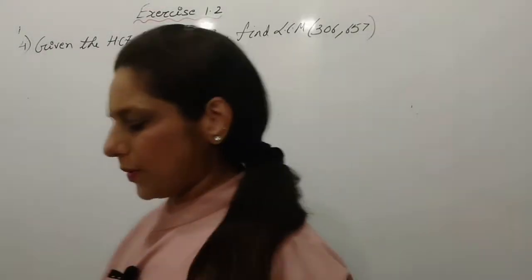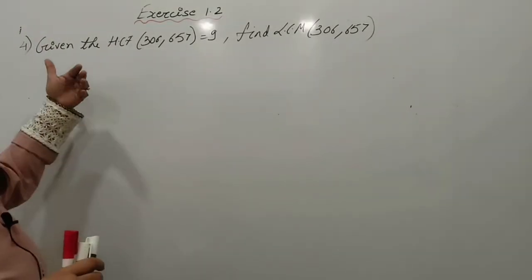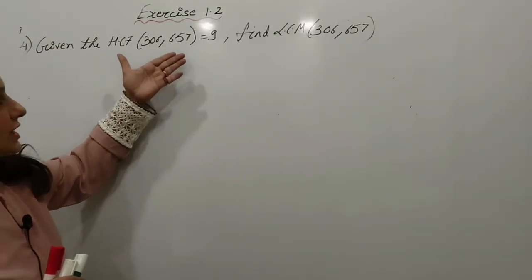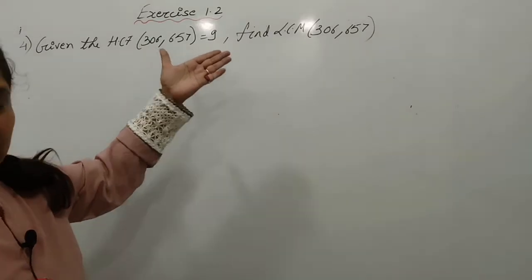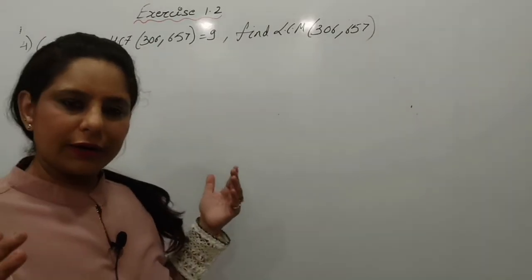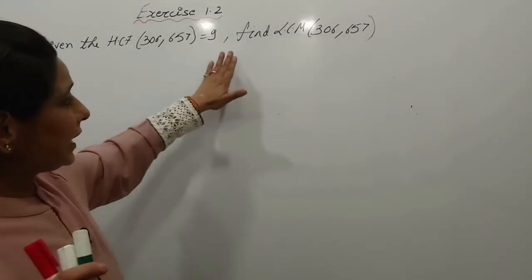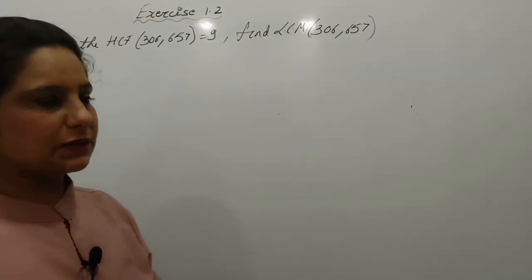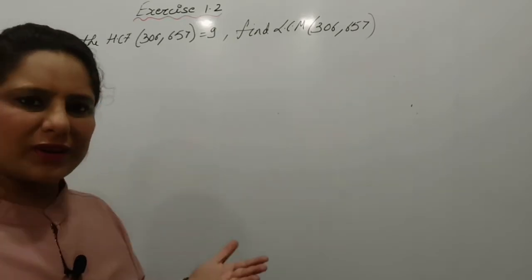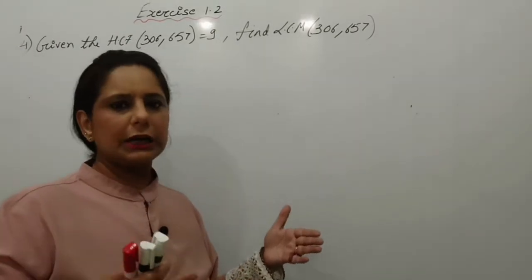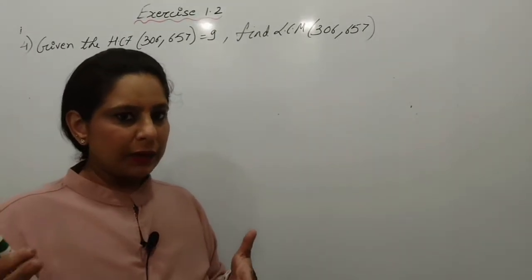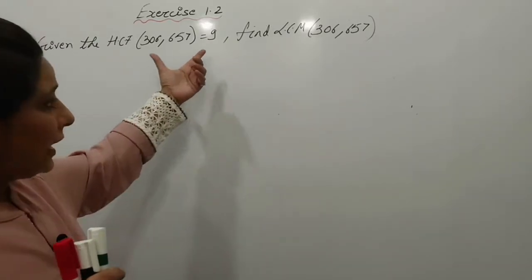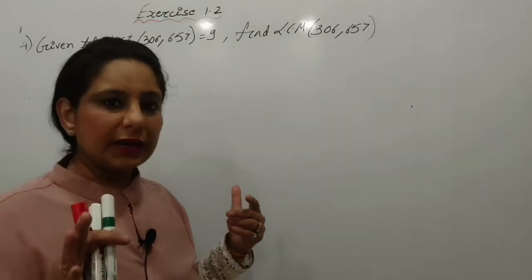Moving to the fourth question. The fourth question is, given the HCF of 306 and 657 is 9. HCF दोनों numbers का already given है और हमें क्या निकालना है? We have to find LCM of 306 and 657. वैसे तो हमने last questions में किया ही था, HCF भी निकाला था, LCM भी निकाला था, but here as हमें एक already given है, क्या given है हमें?